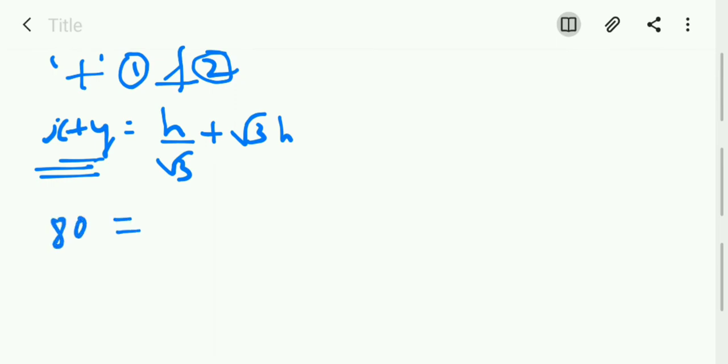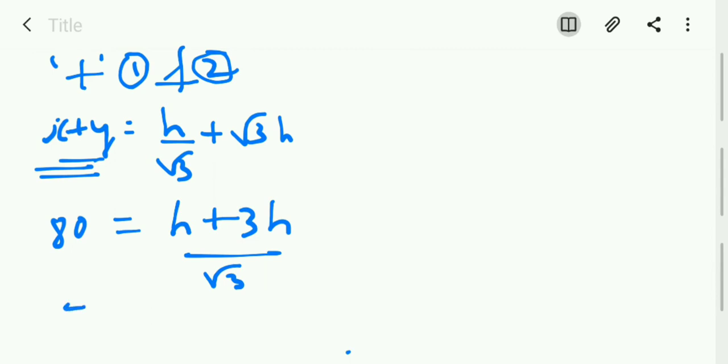That is what it says. So 80 equals H plus 3H by root 3. How? Taking the LCM, root 3 into root 3 is 3, so it is H plus 3H, all over root 3.